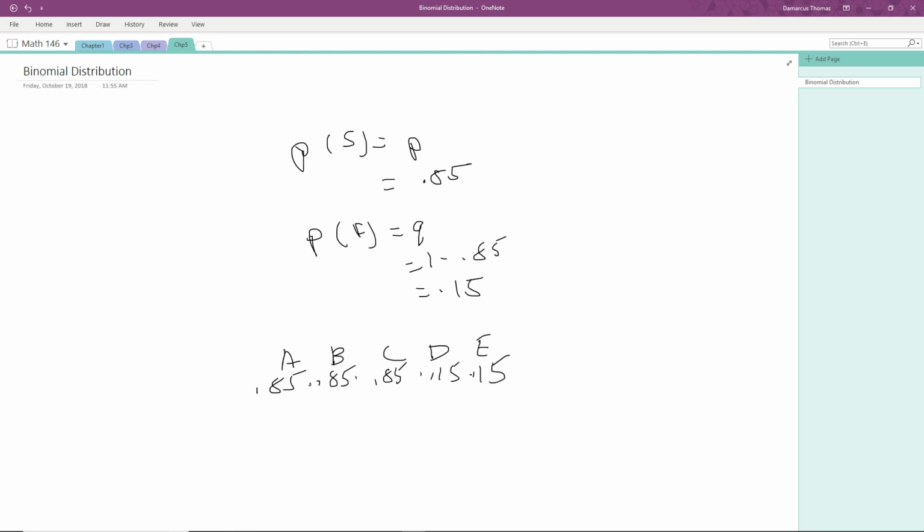Multiply all of those. But the problem is that's not going to be the probability, because it could be that B and C may not know, but D and E do. So it really boils down to how many combinations do we have?